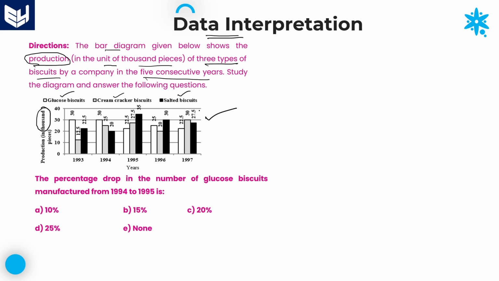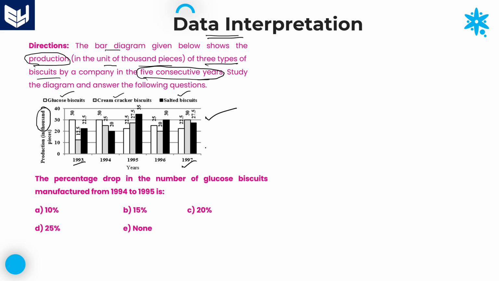Suppose it is given in terms of lakhs, you need to multiply with 1 lakh. And one more thing is, all the information is for 5 consecutive years, starting from 93 to 97. This is the complete information regarding this particular bar graph.